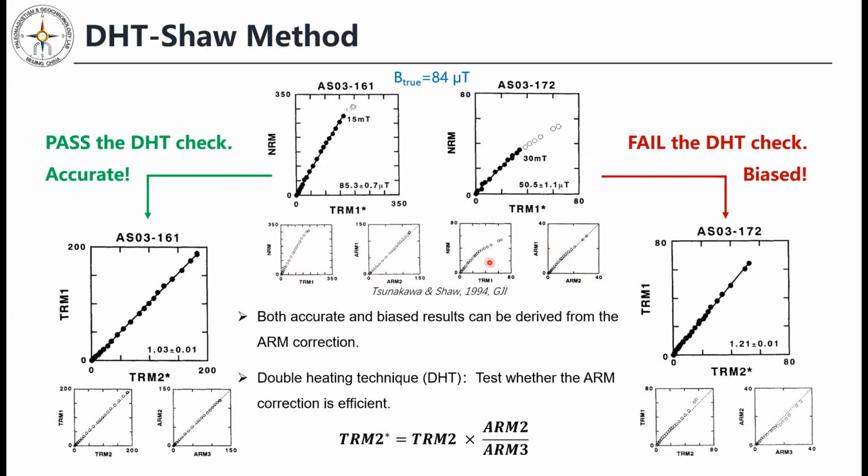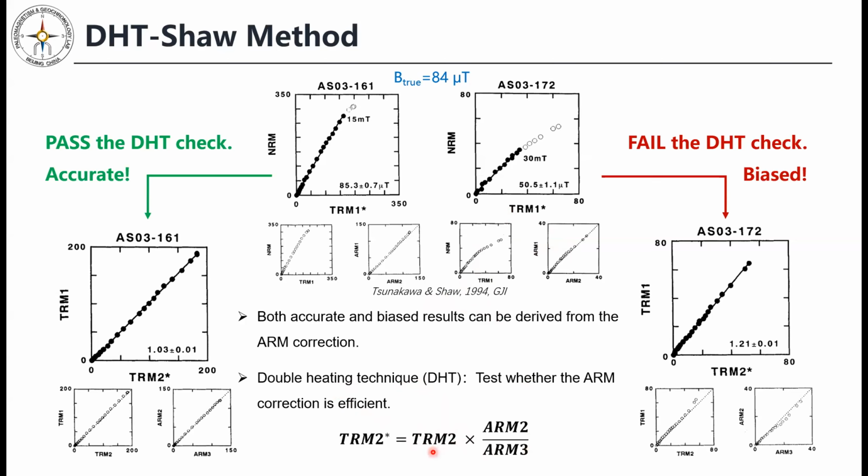To address these issues, Tsunakawa and Shaw, in their 1994 GJI paper, added two additional steps to test the efficiency of the ARM correction, which is called the double heating technique. In their paper, they heat the sample again to acquire a second TRM, and then AFD demagnetize it.